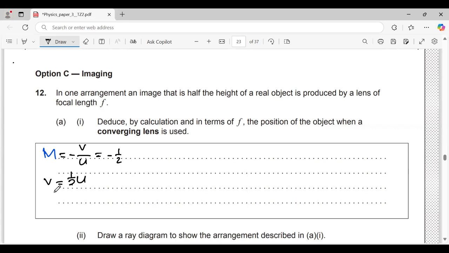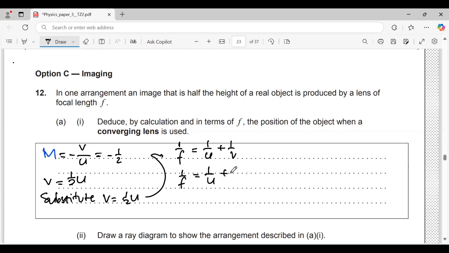And after that, substitute v equals 1/2 u into the equation 1 over f equals 1 over u plus 1 over v. It becomes 1 over f equals 1 over u plus 1 over u/2. Here v is u/2.